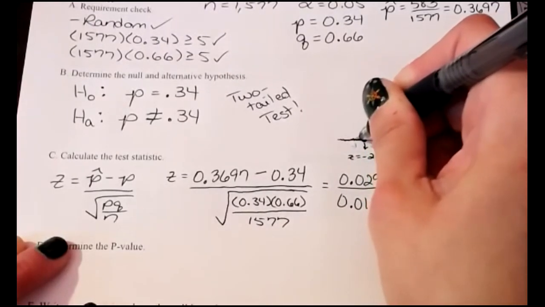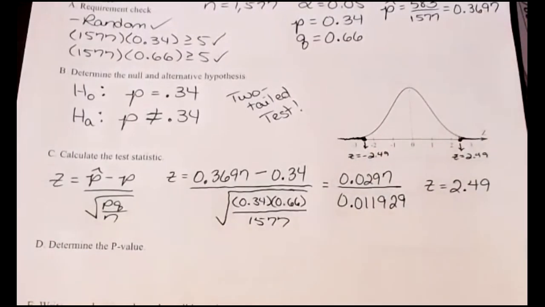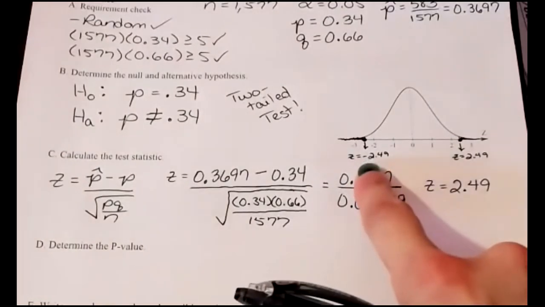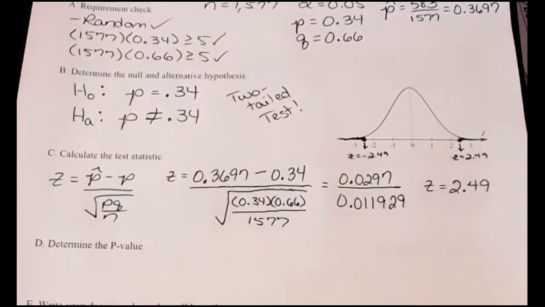0.9936. Oh, actually you want to start with the negative side, this little guy, because it's to the left. Okay, yes, beautiful. 0.00639.